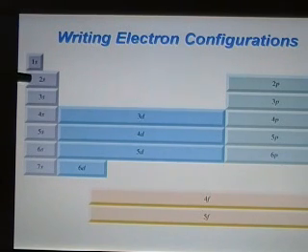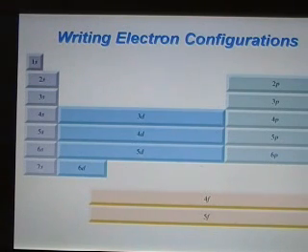Lithium is the next atom up. So the electron configuration for lithium is 1s2, 2s1. The neighboring atom is beryllium. Beryllium has 4 electrons, so its electron configuration must be 1s2, 2s2.